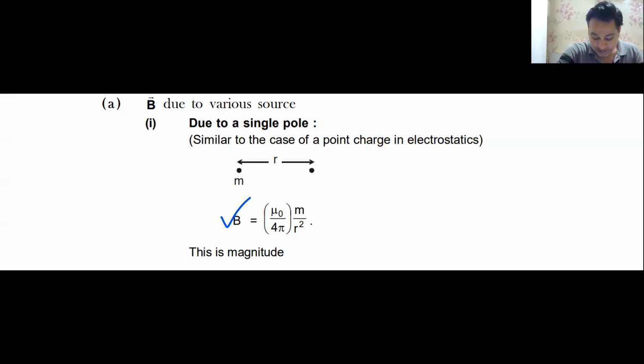Yes, sir. Every magnet has two poles, north pole and south pole, and therefore every magnet has something known as the dipole moment. Do you know this dipole moment? Yes, sir. Do you know how to calculate the dipole moment of a magnet? How do you calculate the dipole moment of an electric dipole?